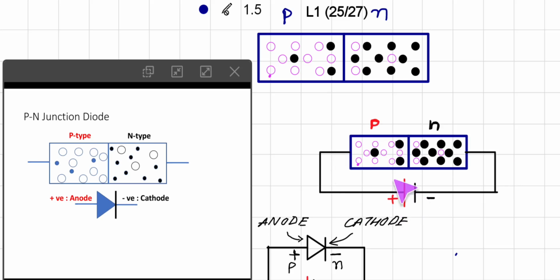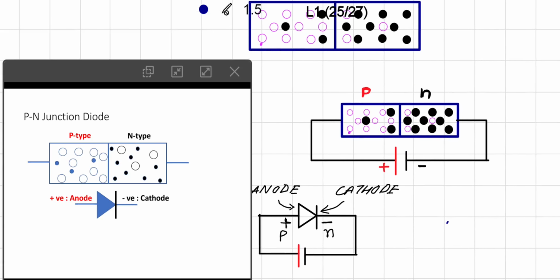If we connect positive polarity to the p type, that is the anode, and negative polarity to the cathode, what will happen? Remember that this negative terminal is the source of electrons, so electrons will start to flow in this direction, and when they reach here they will repel those electrons, and these electrons are forced in this direction.